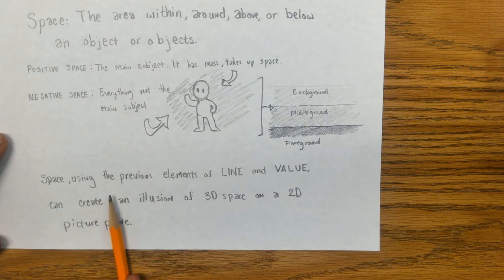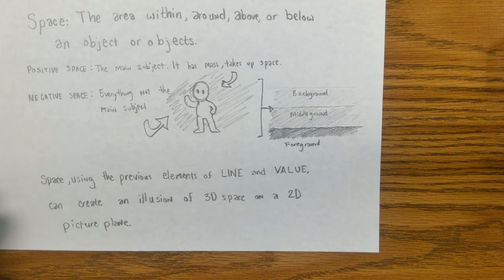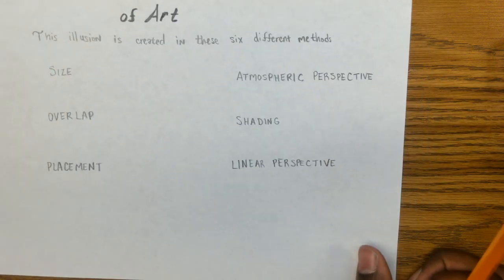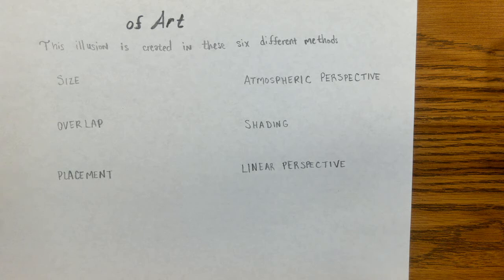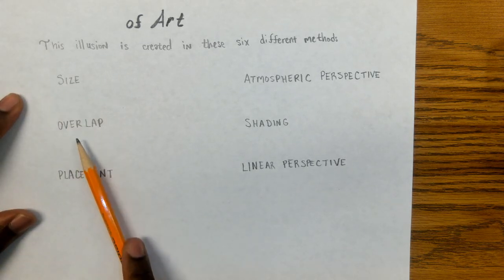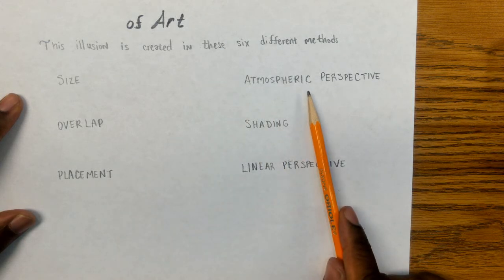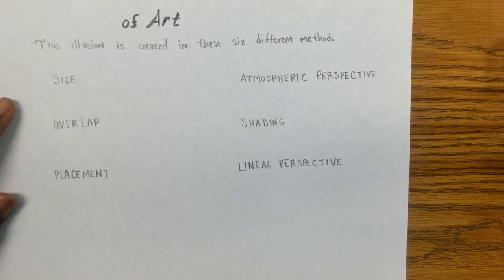Now, space using the previous elements of line and value can create an illusion of 3D space on a 2D picture plane. This illusion is created in these 6 different methods: size, overlap, placement, atmospheric perspective, shading, and linear perspective.